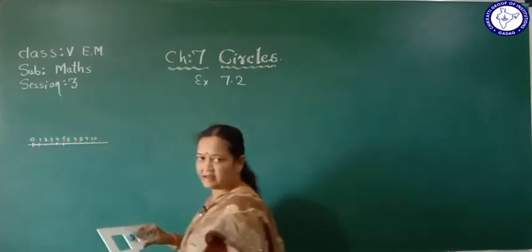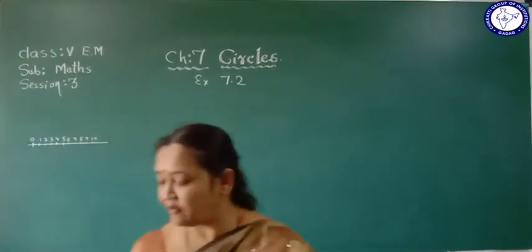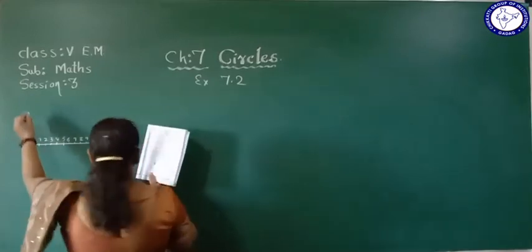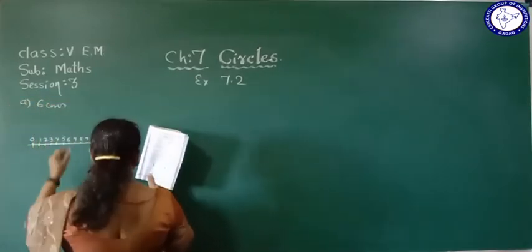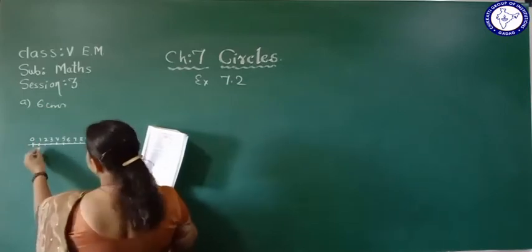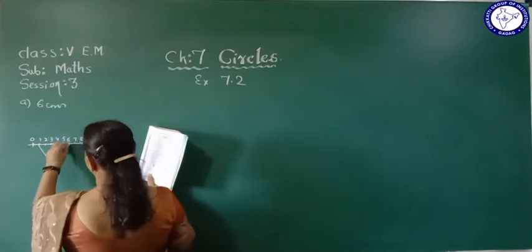This is the scale given, and the compass kept. Check here for 6 centimeter. First one, it is of 6 centimeter, and the compass is kept on 1 and till 6 centimeter.